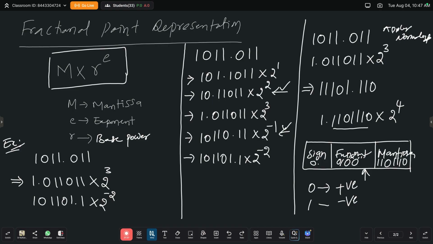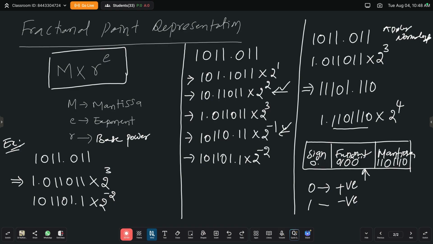After applying normalization, if your exponent is positive, you use this syntax. If the exponent is negative, there is no option, you should represent it. For a negative number, there is a sign. But for the exponent, there is no sign.